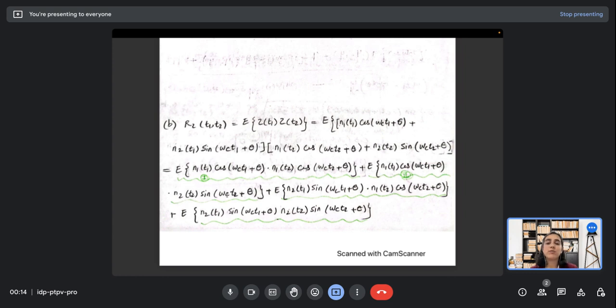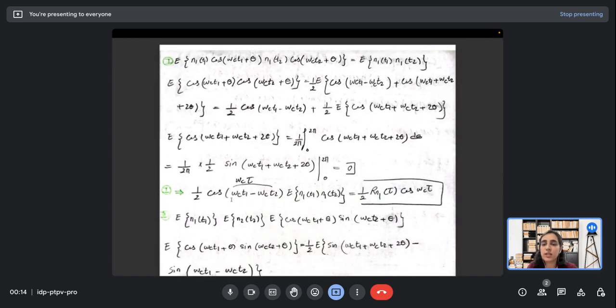We have the formula of z of t, so we can substitute the value and then multiply the two parts. After multiplying, we will get four expected values. So we should calculate these 4 parts. Let's go to each of these parts one by one.